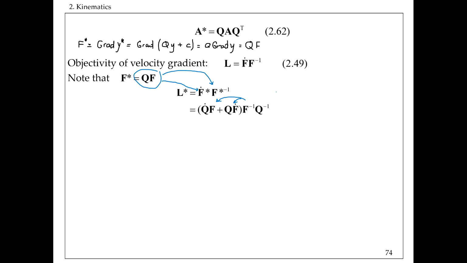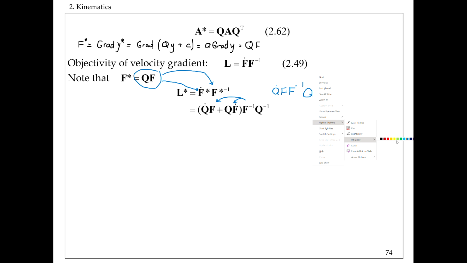The first multiplication is Q dot F, writing this explicitly, F inverse Q inverse, and you can notice that there is F multiplying F inverse, the inverse deformation gradient.